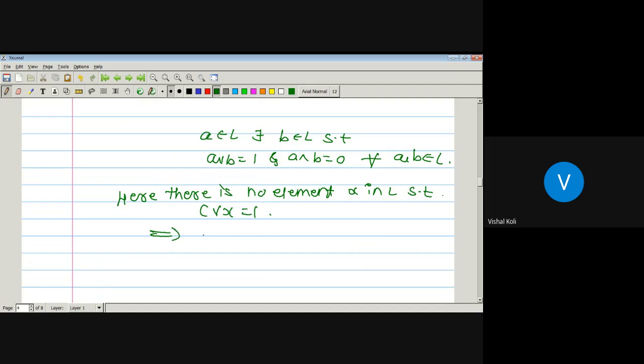Which implies the given lattice L is not complemented, since C has no complement. So here there exists one element having no complement. It means the corresponding lattice is not a complemented lattice. So it is a lattice, but it is neither a distributive lattice nor a complemented lattice.